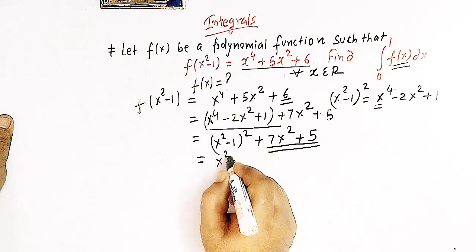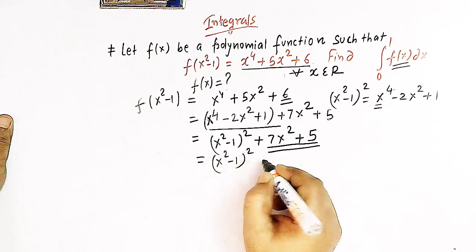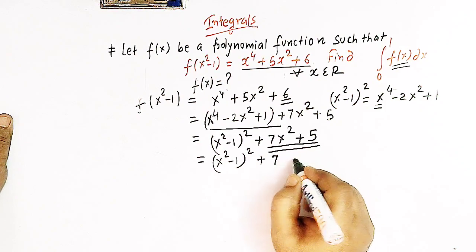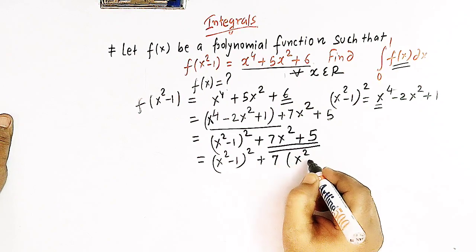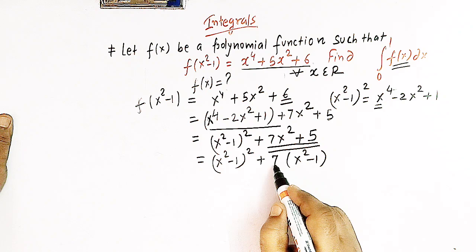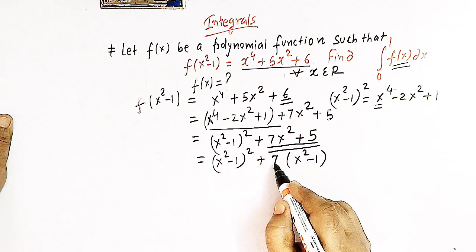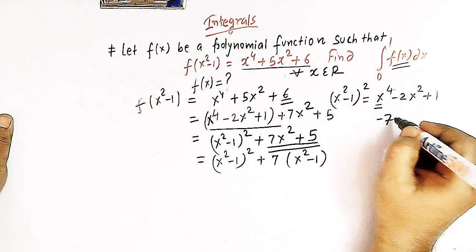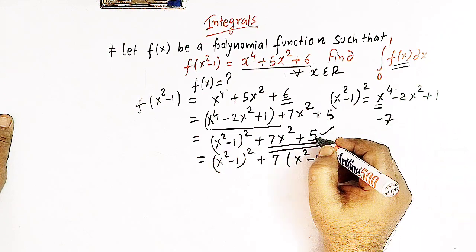Now let us try to express this term in terms of x square minus 1. So we can write x square minus 1 whole square, and here we can write 7 times x square minus 1, because we have 7x square, then we have 7 times 1 as minus 7, but here we have 5, right?